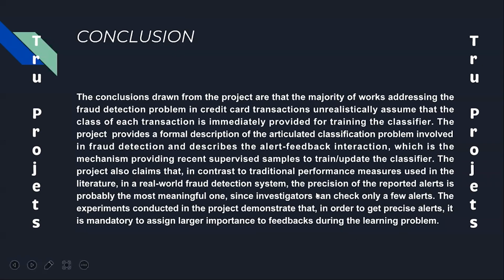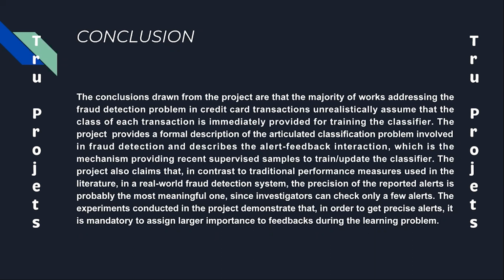The conclusions drawn from the project are that the majority of works addressing the fraud detection problem in credit card transactions unrealistically assume that the class of each transaction is immediately provided for training the classifier. The project provides a formal description of the articulated classification problem involved in fraud detection and describes the alert feedback interaction, which is the mechanism providing recent supervised sampling to train or update the classifier.